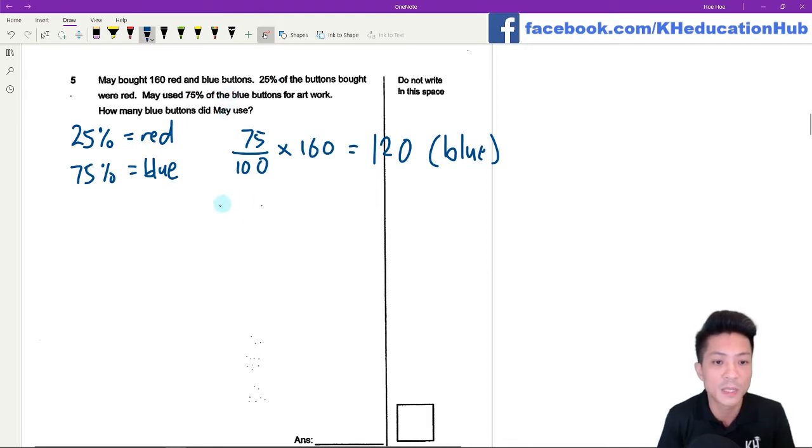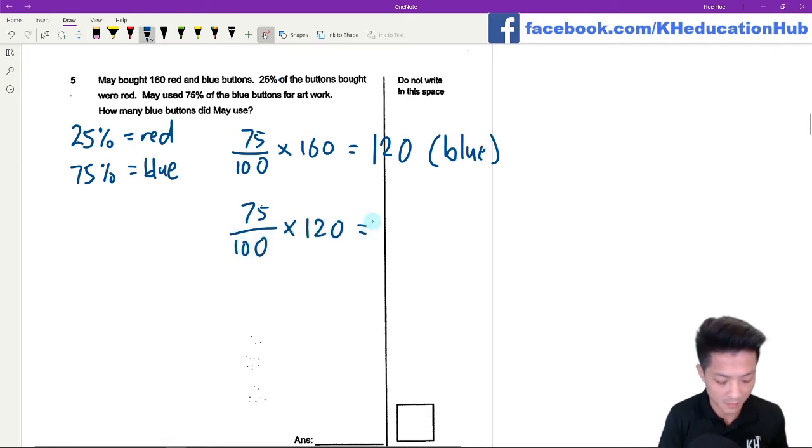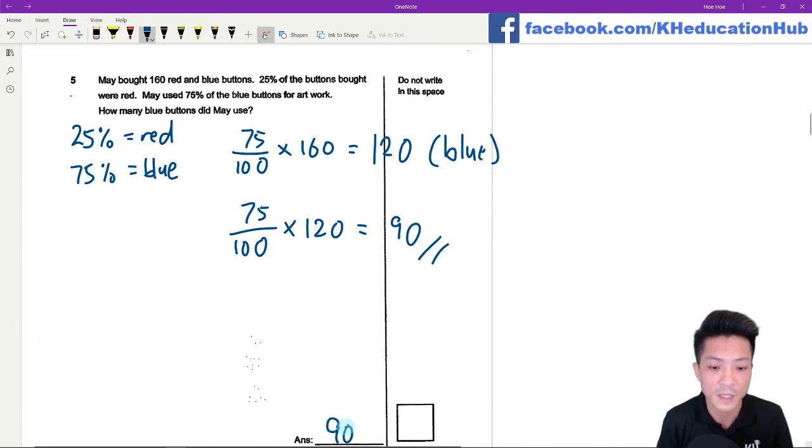So how many blue buttons did she use? So now we need to find what is 75% of the blue buttons. That will give us 90. Okay, so 90 is the answer.